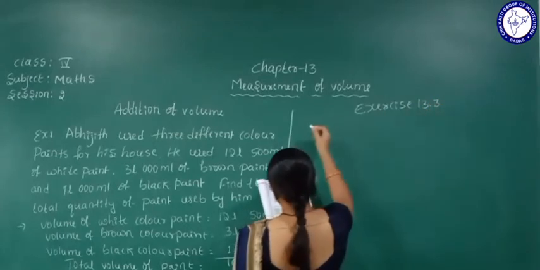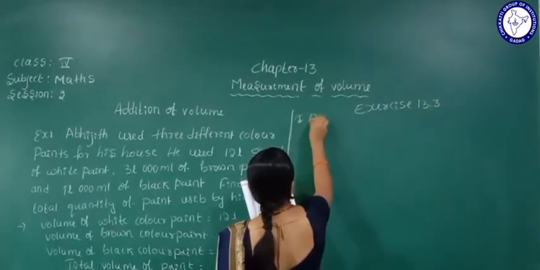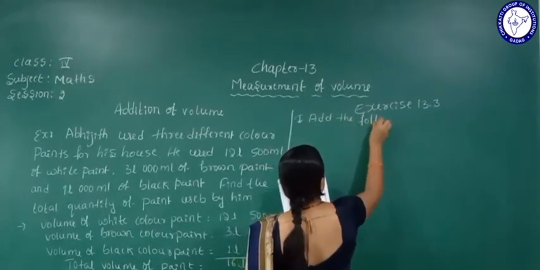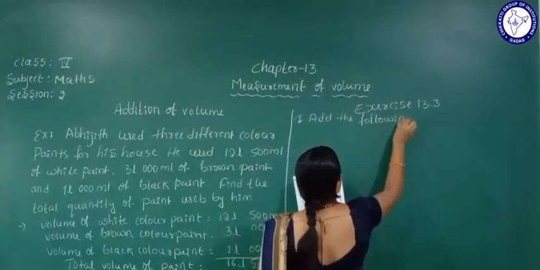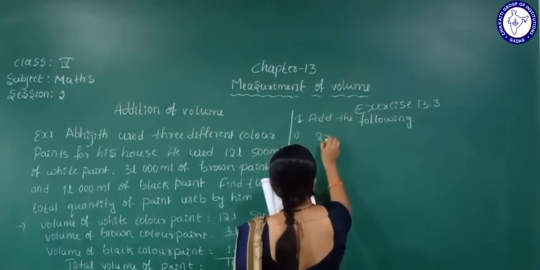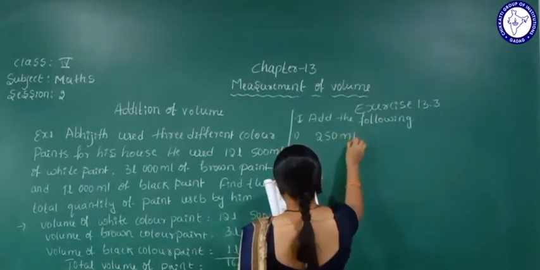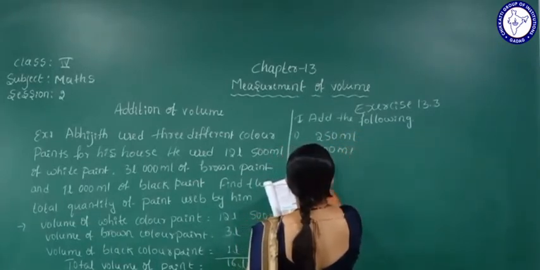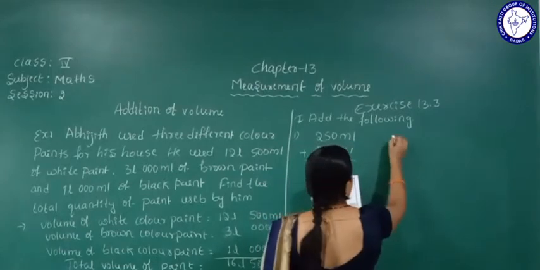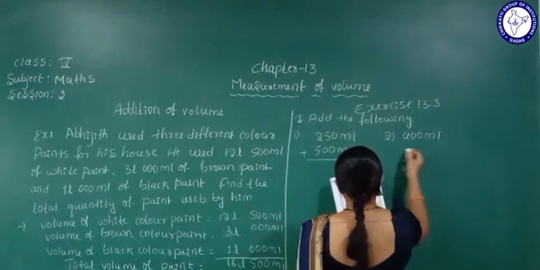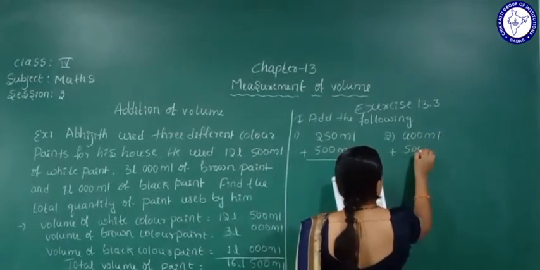Same way you can do the exercise 13.3. First main question: add the following. 250 ml plus 500 ml. Second one, 400 ml plus 500 ml.